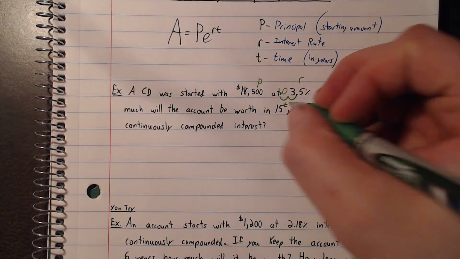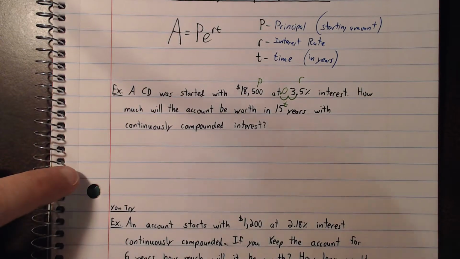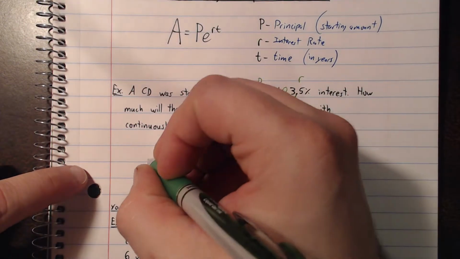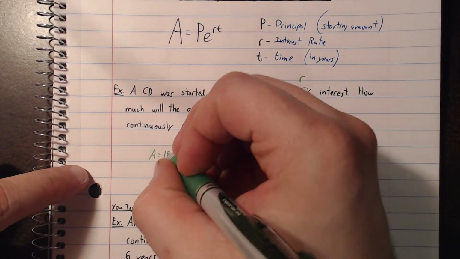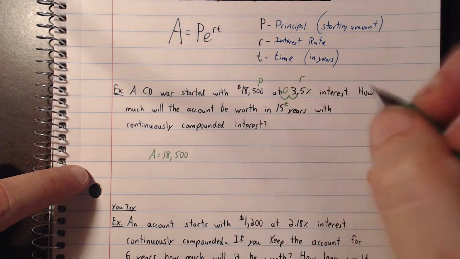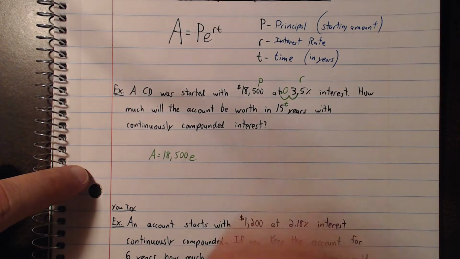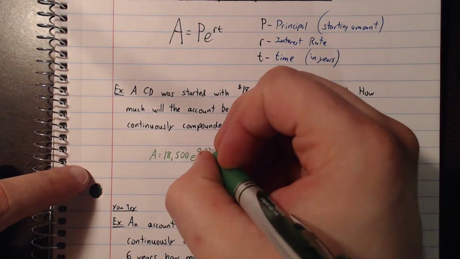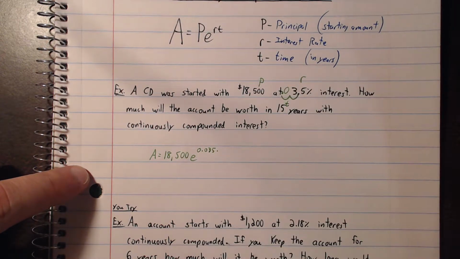Well, 15 years is our time. So now we can just start filling in. Remember, e is an irrational number. So A equals 18,500 times e to the 0.035 times 15.